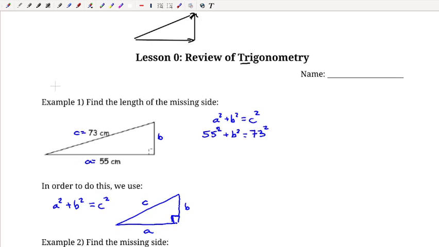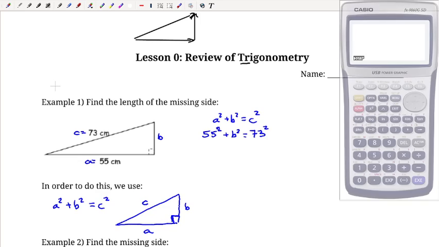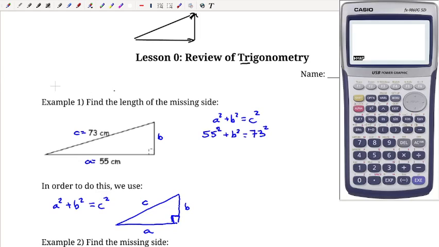Go ahead and pull out your calculator so that you can type some of these things in. I don't think any of you is going to be doing these in your head. So I've got my calculator here, and I'm going to go 55 squared, 3025, b squared, I don't know, and 73 squared is 5329.